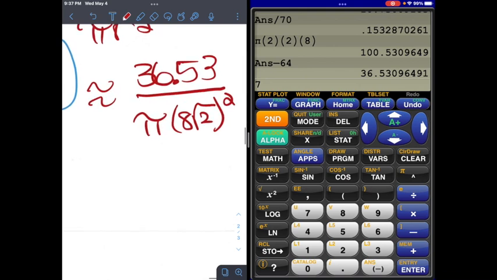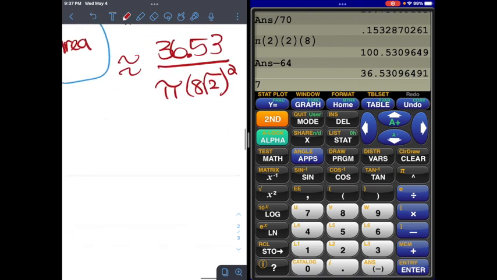All right, so then let me write it out and then we're going to punch in the calculator. So that's about 36.53 over again 8 times square root 2 times 8 square root 2 times pi.